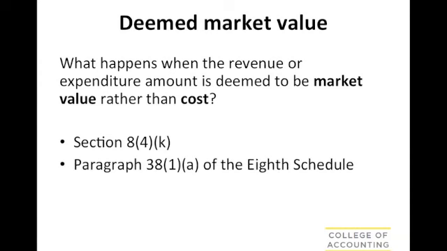Paragraph 38 of the 8th schedule says that when an asset is disposed of to a connected person, the seller is also deemed to have proceeds equal to market value. And on the expenditure side, Section 12C says that an allowance will be calculated on the lower of cost and market value. So that's just a few examples of where transactions are deemed to be at market value rather than at cost.